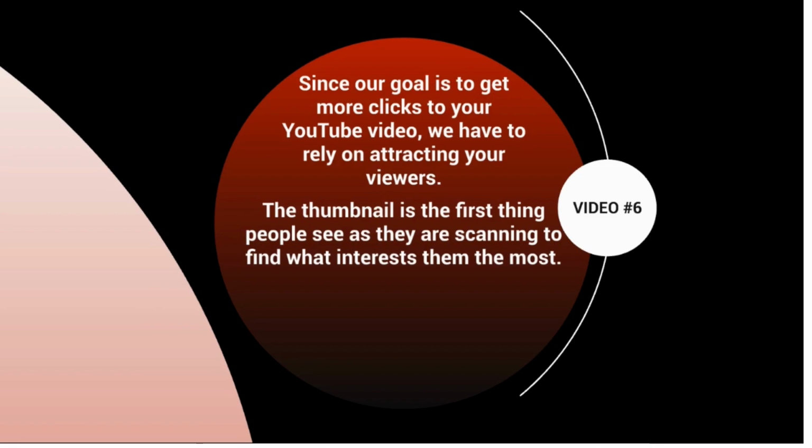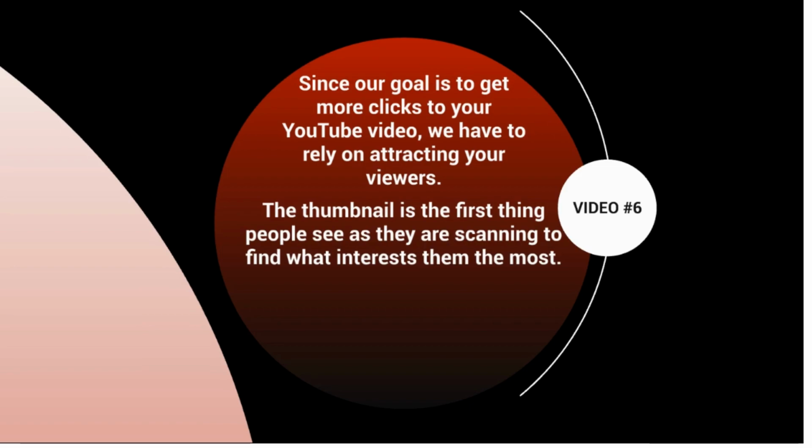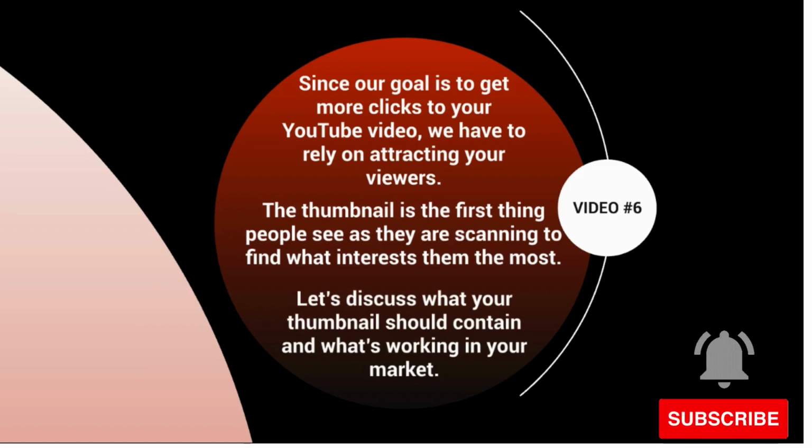If you go to youtube.com and you type in a keyword, you're going to see all the results with thumbnails, the titles, the descriptions, and all of that. So that's the first thing that they see. Let's discuss what your thumbnail should contain and what's working in your market and how to figure that out.